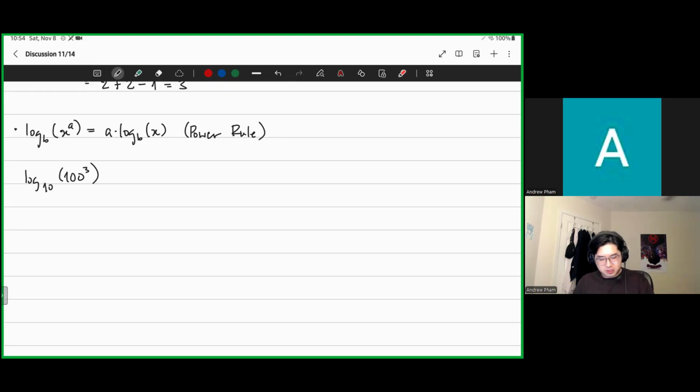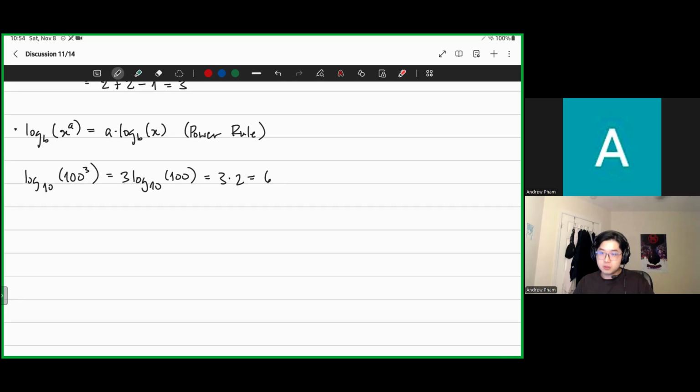So we're going to use the power rule, which states that I can bring this 3 to the front of the logarithm, and get 3 times log base 10 of 100. And this looks much easier to compute, right? I know what log base 10 of 100 is. What do I raise 10 to get 100? It's going to be 2. So this problem becomes 3 times 2, which is just 6.